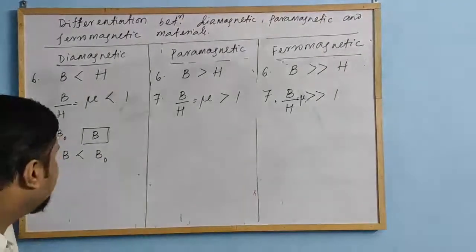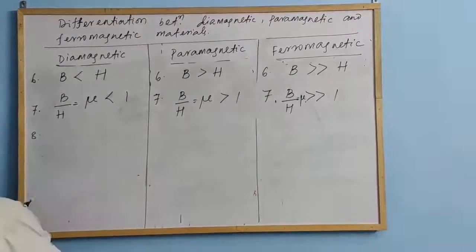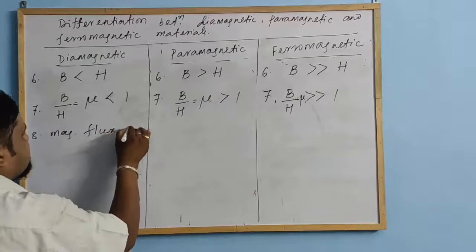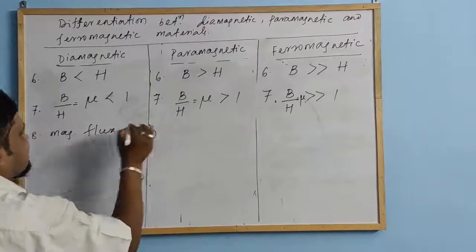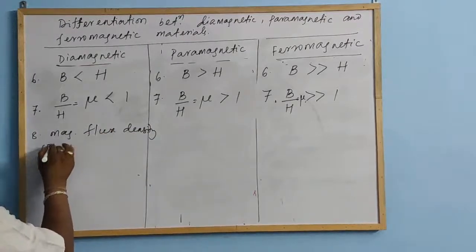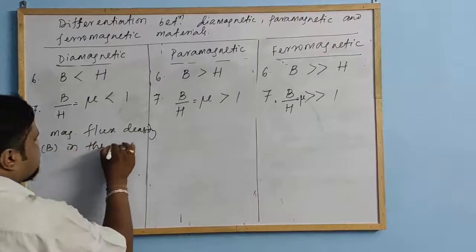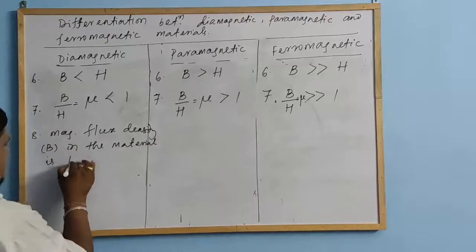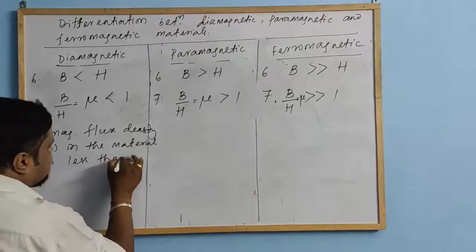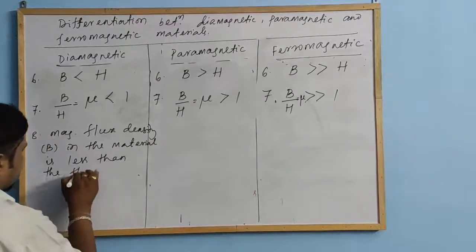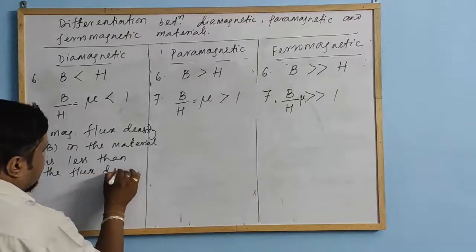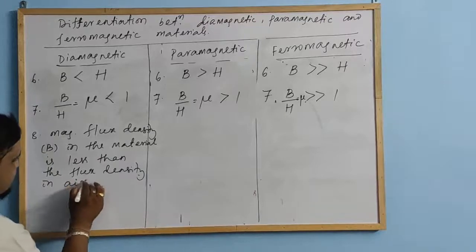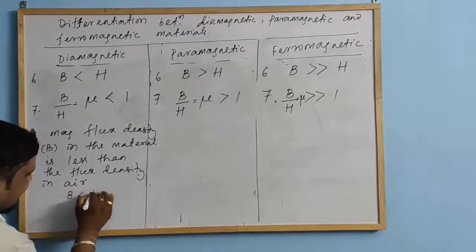So if you write in words, magnetic flux density B in the material is less than the flux density in air. So I can write B is less than B naught.